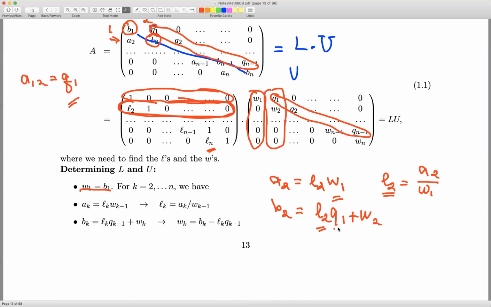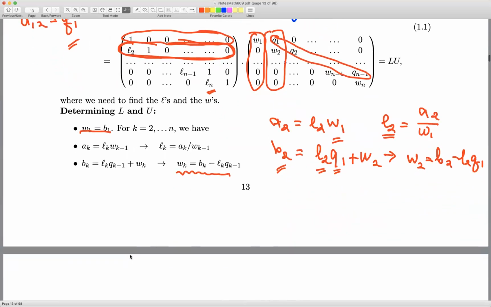We know Q1 from the given matrix A, we know B from the given matrix A, and therefore from here we get that W2 is equal to B2 minus L2 Q1, which for the general case will give you WK is equal to BK minus LK QK minus 1. So one can simply program that and get then the LU factorization of the matrix A.